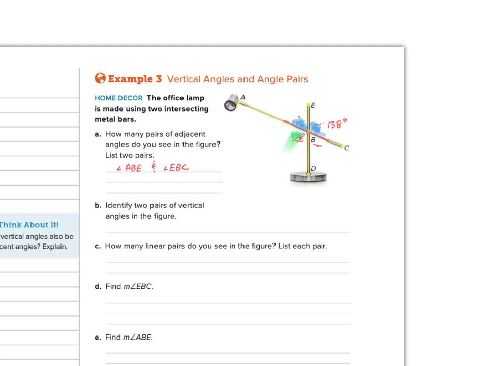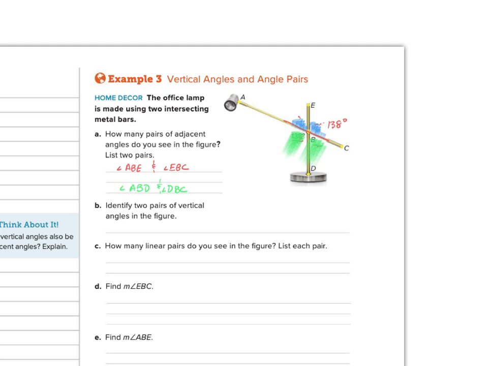So I will just go ahead and say that this angle and this angle also form a linear pair. So I have angle ABD and angle DBC. Those are my linear pairs. You could have gotten a couple out of there, but that's what I got.